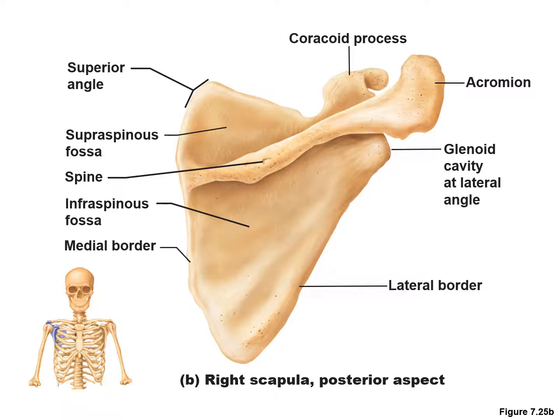Infra means below. Spinous is referring to the spine of the scapula. So infraspinous fossa. And of course the spine itself. And then the supraspinous fossa, this somewhat smooth, depressed area above the spine of the scapula. Supra means above. And then the superior angle.